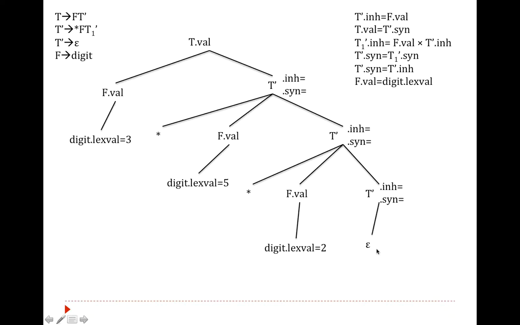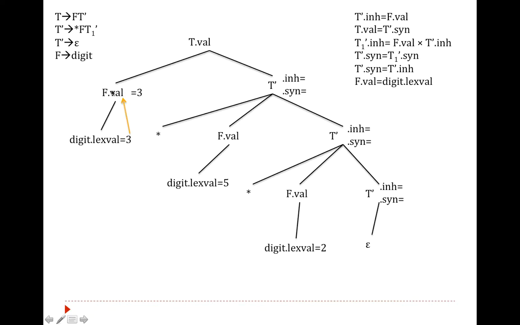Now we'll be writing the annotated parse tree. The annotated parse tree starts with the digit value. Here first of all it is 3, which is passed on to its parent, because F has the synthesized attribute which is computed using the child value.